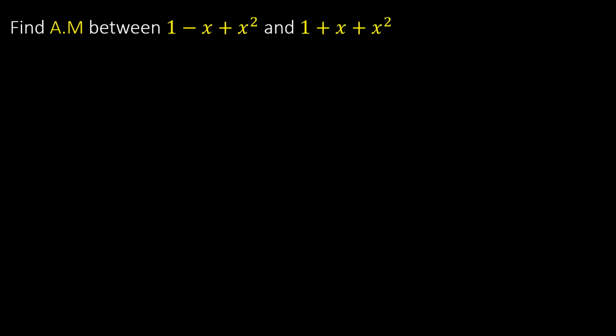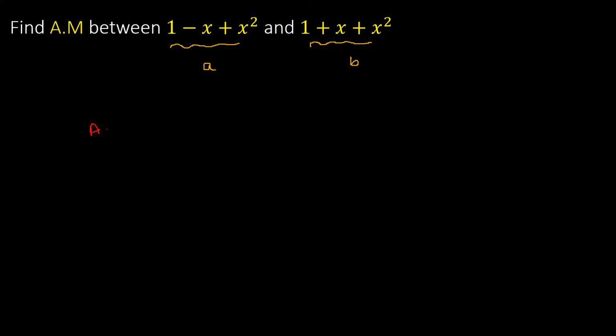So here is another question about the arithmetic mean. It says find an arithmetic mean between the numbers 1 minus x plus x square, and 1 plus x square, for any x. So let's say this is A, this is B, and we have to find the arithmetic mean. What is the formula for arithmetic mean?